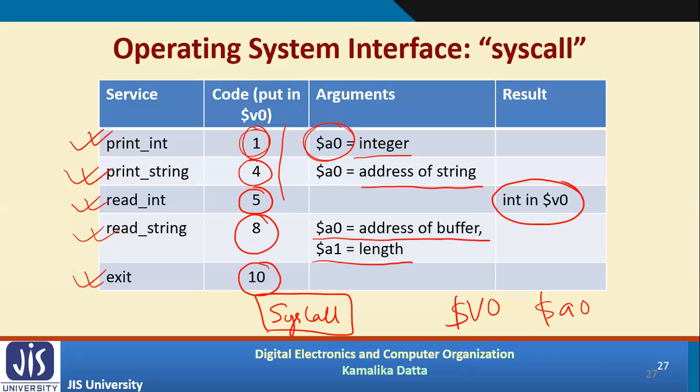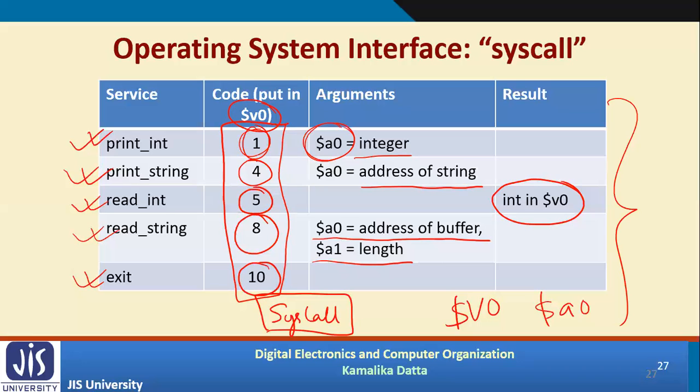These are the codes that you need to put in one of the registers, that is $V0, and then you can execute it. The reason for doing this is that for executing any instruction where you are using the hardware, that is, you want to enter something from the keyboard, or you want to print something into the output device, which is the monitor here, you need to perform this syscall.